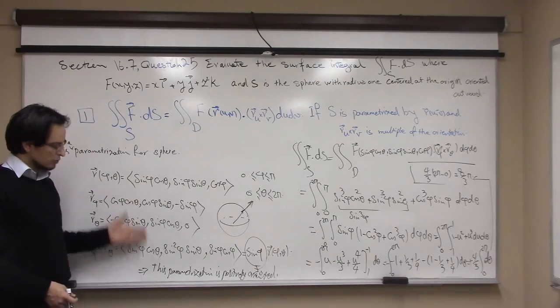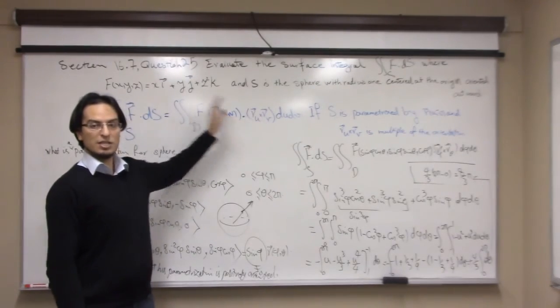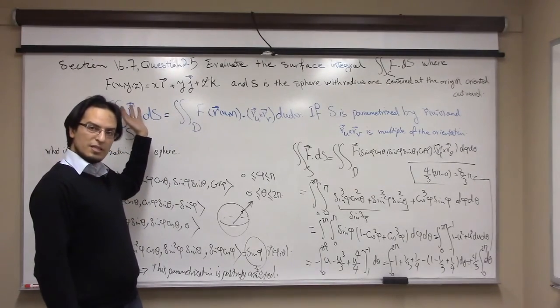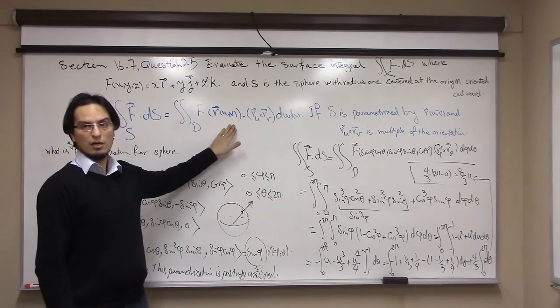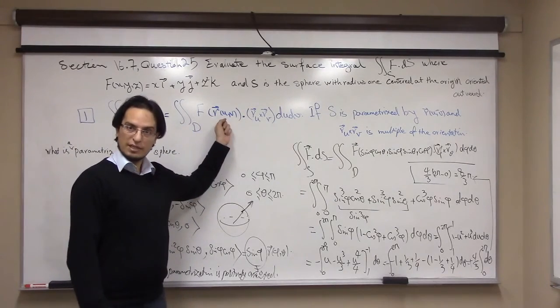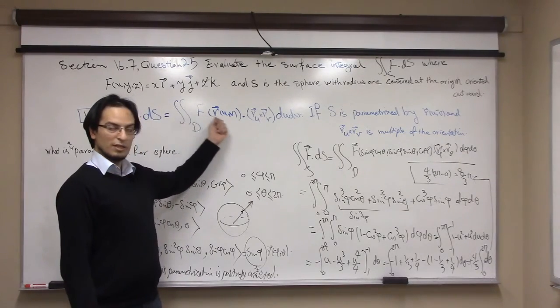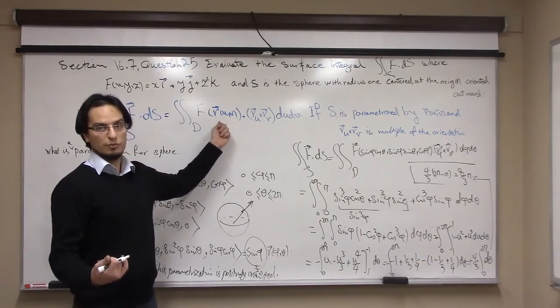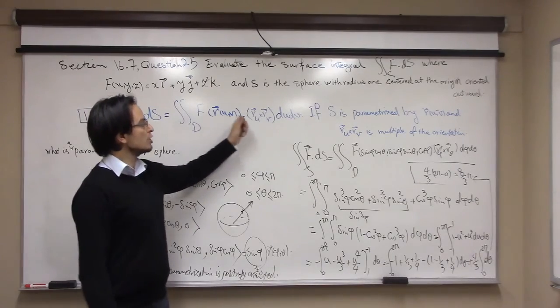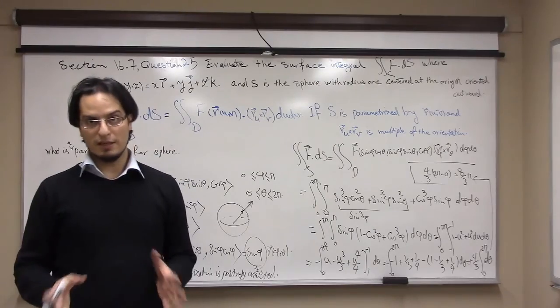That means I can use this parameterization and change my surface integral to a double integral just by plugging the vector function into the vector field. Write your vector field in terms of your parameters, dot product it with r u cross r v, and you get a function.